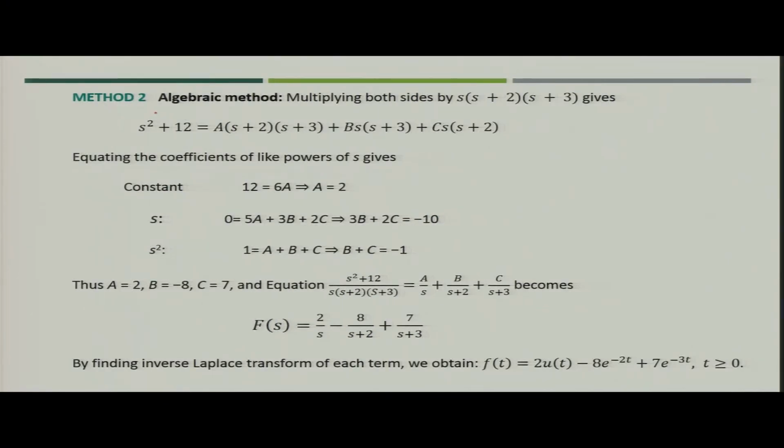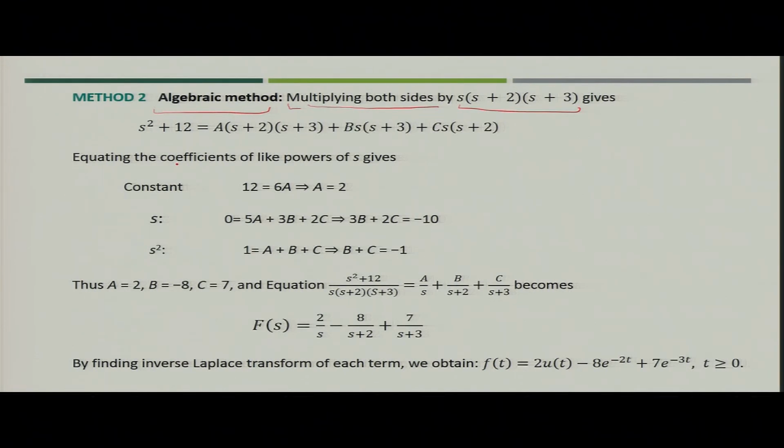Another method is that you can use the simple algebraic method, which you generally use for solving the general expressions. So, here we will apply those techniques to find out the inverse Laplace transform. So, what we can do, we can multiply both sides by s into (s plus 2) into (s plus 3).